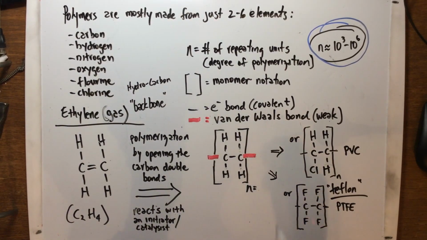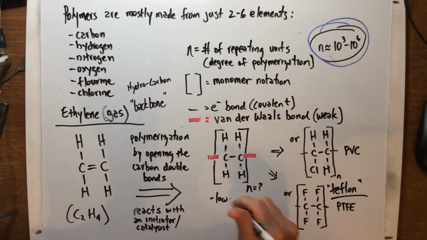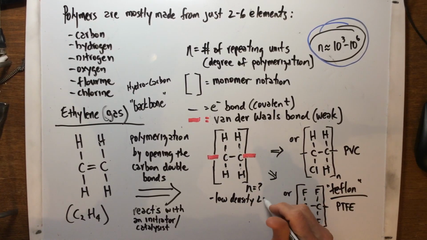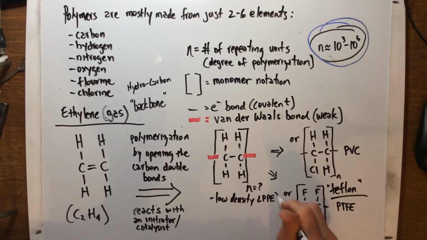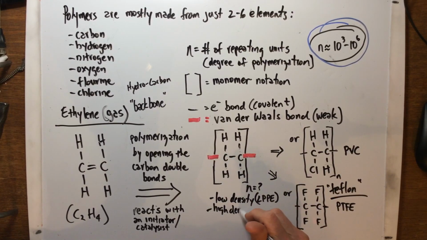In the polyethylene family, we have what's usually called low density, which is just LD, noted LDPE. Then we have high density, which is denoted HDPE. And then there's another one called linear low density, but it's not nearly as prevalent.